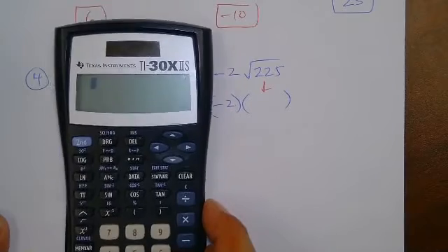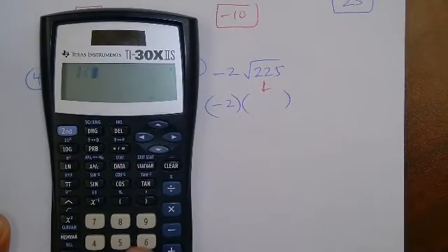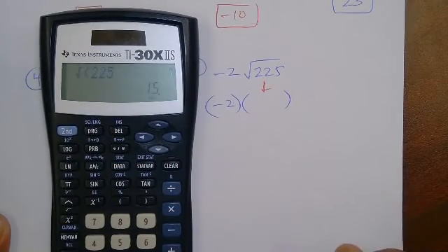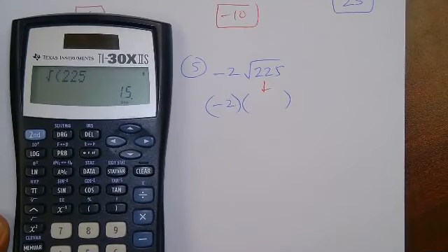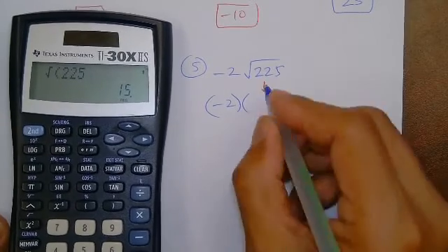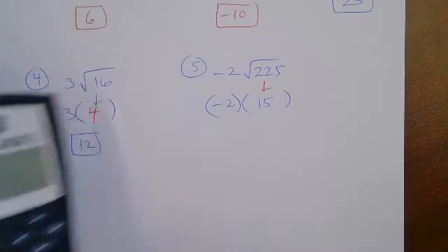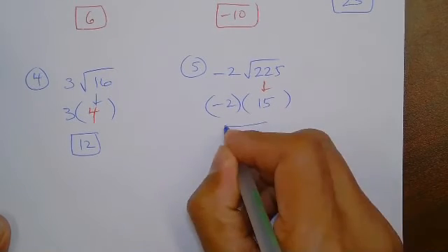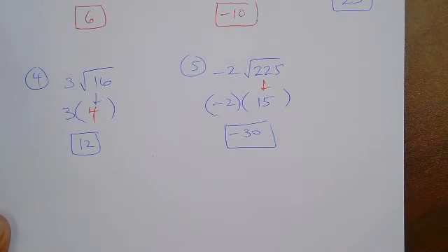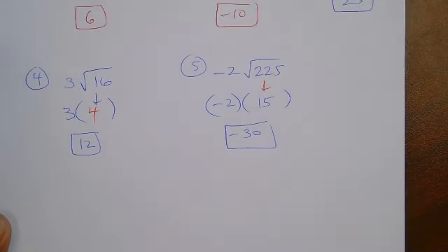I don't know, let me check. Calculator. It does tell me something here. It's 15. So really this problem is saying negative 2 times 15. Okay, are we done with the easy stuff? I think you guys can handle that. Okay.